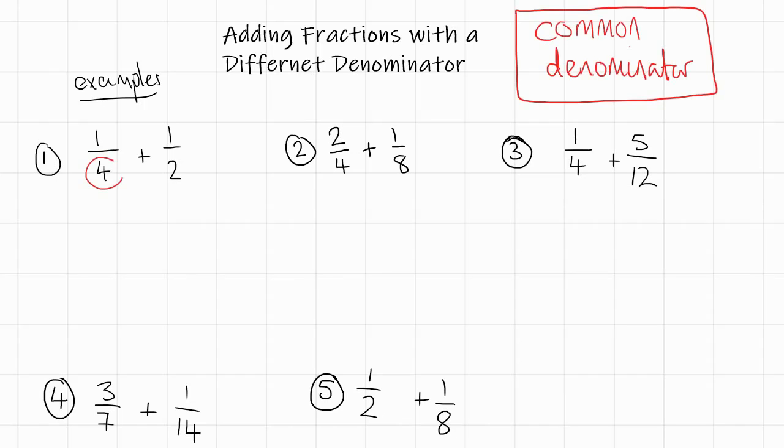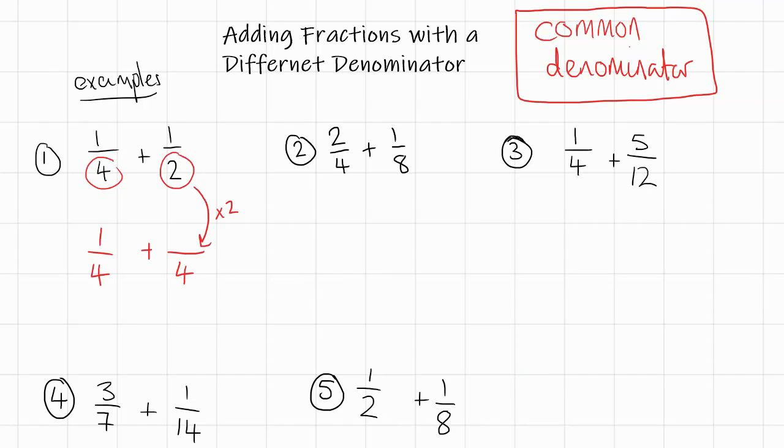So the denominator here would be 4, and the denominator here would be 2. These aren't common, they're not the same number. So what can we do to 2 to make it like 4? Well, if I times 2 by 2, I can make that be common.